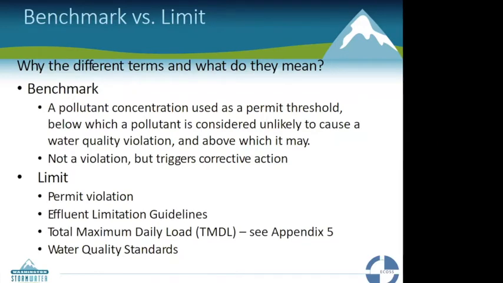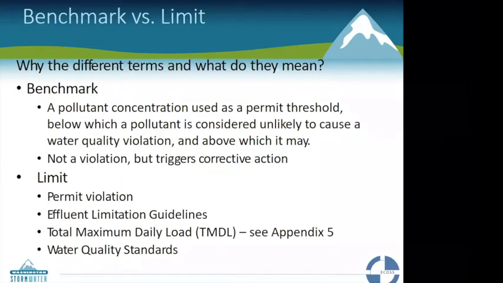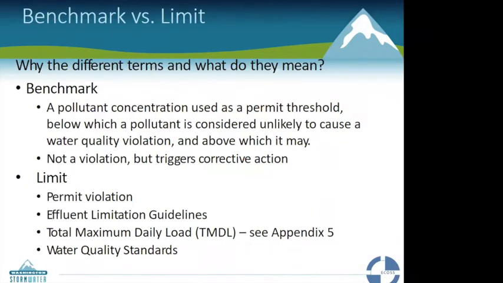And it's based on the total maximum daily load, that amount of pollution that a water body can handle without being polluted. It's very complicated. It's the 303(d) list of water bodies, and it has to do with the water bodies that you discharge into, not necessarily your facility or the kinds of activities you have on site. And that would be a violation of the water quality standards if you go over that limit.